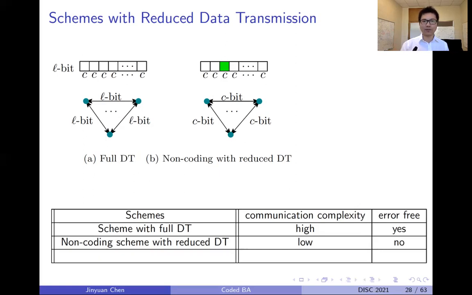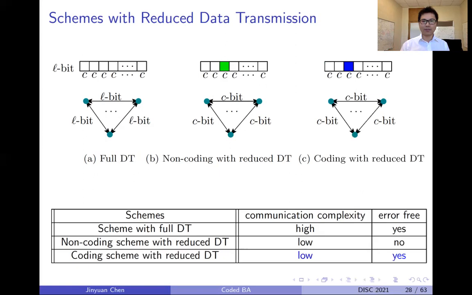So the protocol is not robust against the Byzantine attack. If the data is encoded with an error correction code, the processors might be able to detect and correct errors, even with reduced data transmission. So this protocol might be robust against the Byzantine attack and could be error-free.